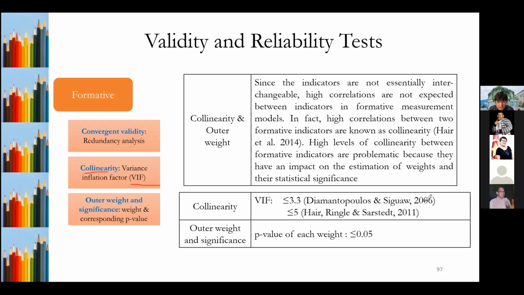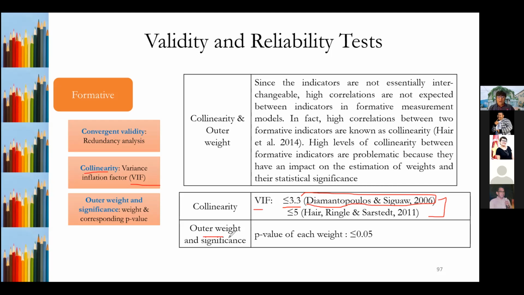Meron tayong dalawa na threshold na ginagamit: pwede natin gamitin yung kay Diamantopoulos and Siguaw in 2006 or yung suggestion ni Hair et al. in 2011. Pero typically, ang ginagamit ng mga researchers ay yung kay Diamantopoulos and Siguaw in 2006, which is the conservative one. Ang requirement ng value ng VIF is 3.3 below.